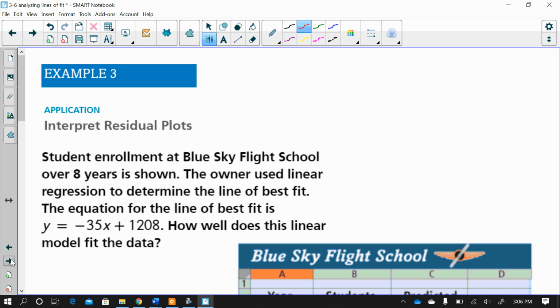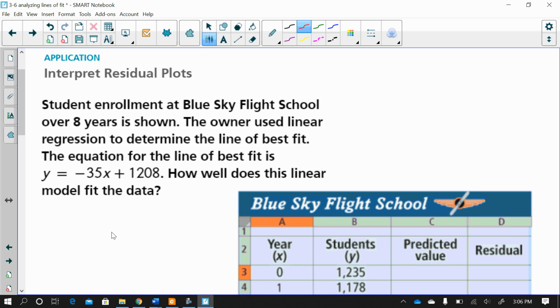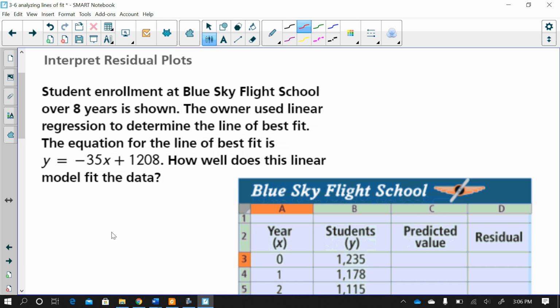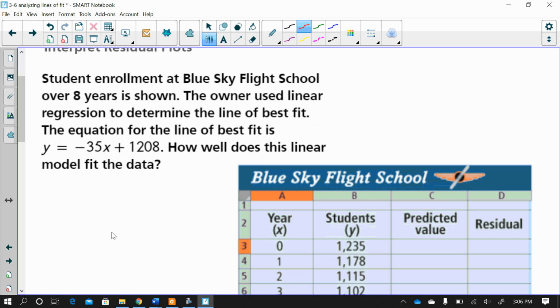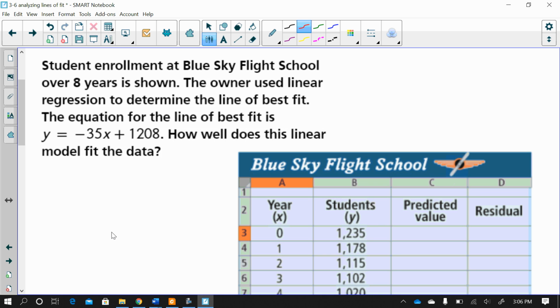I'm also going to show you how to calculate this by hand because the AFOQT will give you problems like this. So, student enrollment at Blue Sky Flight School over 8 years is shown. The owner used a linear regression to determine the line of best fit. The equation the owner came up with is y equals negative 35x plus 1,208.